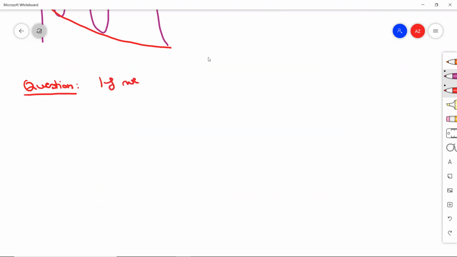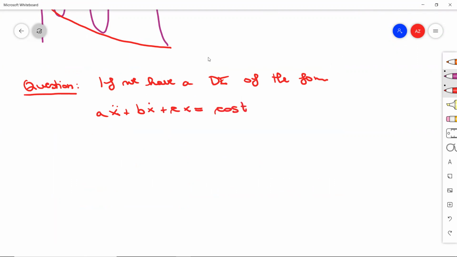If we have a DE of the form a x double prime plus b x prime plus c x is equal to, let's say, cosine of t, we guess that the particular solution is equal to a times cosine of t plus b times sine of t.